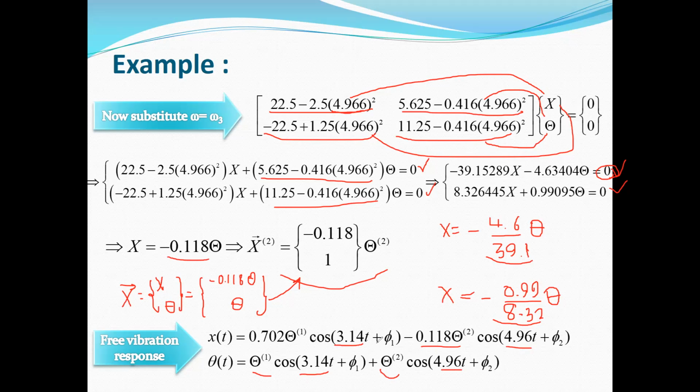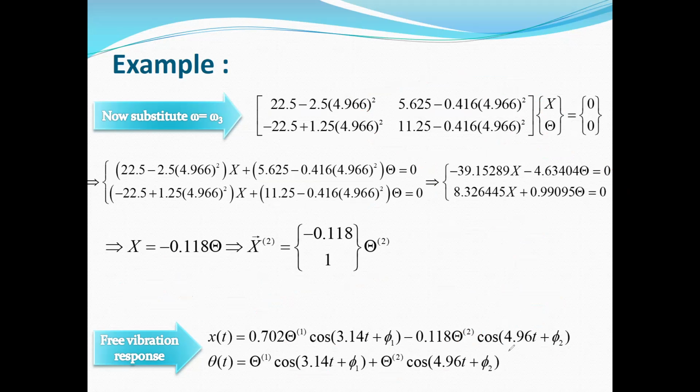So we will have four unknowns here, phi1 and phi2, and also theta 1 and theta 2. These components will be obtained from the initial conditions, and of course in the exam you are not supposed to solve these equations, because to solve this equation you need to solve a system of four nonlinear equations, and usually we do not expect you to solve this type of equations.